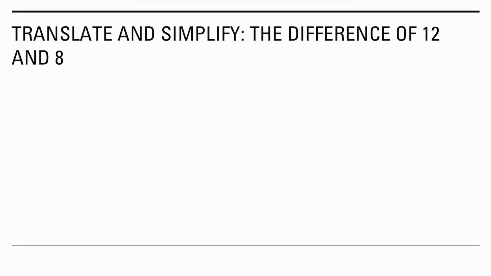So the translate part of this one, the difference of 12 and 8. So we have 12 minus 8. And so that would be the translate part. Now doing the actual equal sign and then simplifying it, we would end up with 4. So if you want to check, you could say 4 plus 8, which is going to be 12.